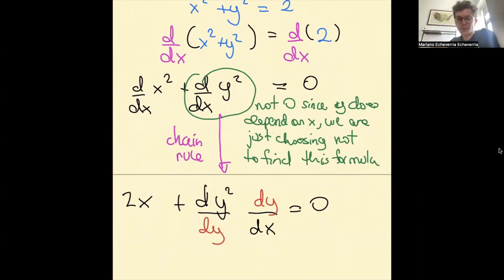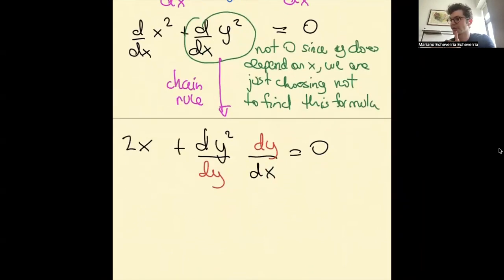And so with the chain rule, we write it this way. And hopefully, when we write it this way, it becomes more clear what the answer needs to be. So let's see if that's the case. So what do you think this should be?